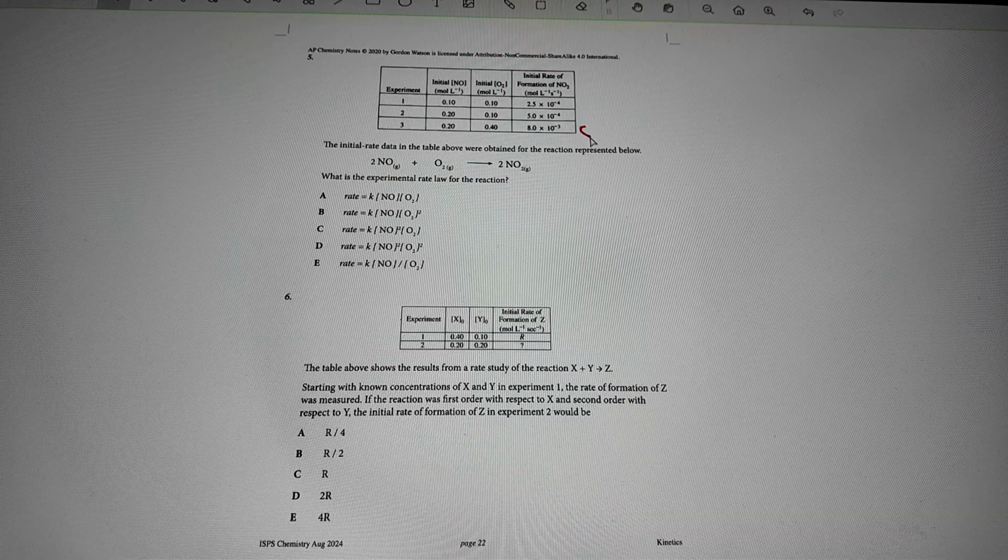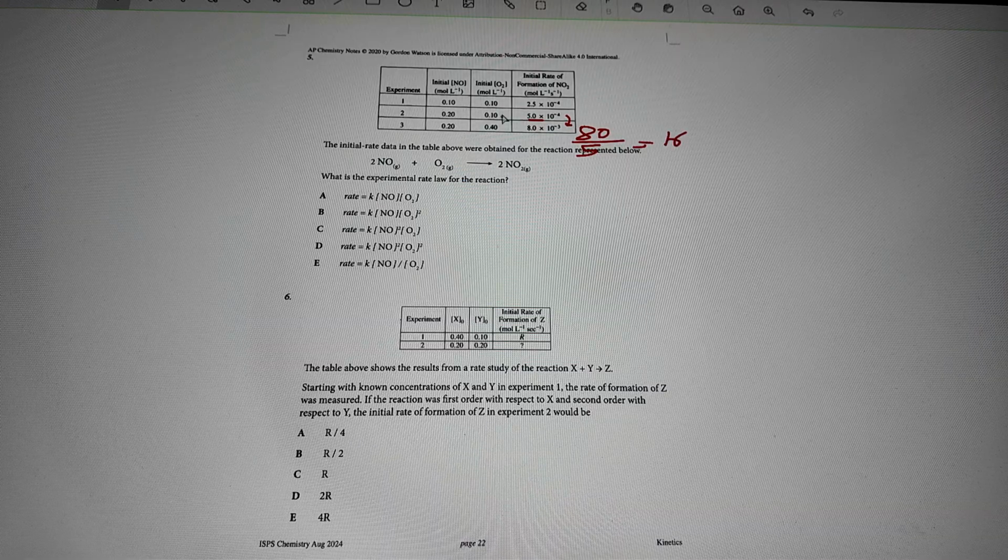So let's say this is 80, right? Because it's one exponent bigger, right? And so this would be 5. So 80 divided by 5 equals 16. So when we quadruple this one, it increases by 16.